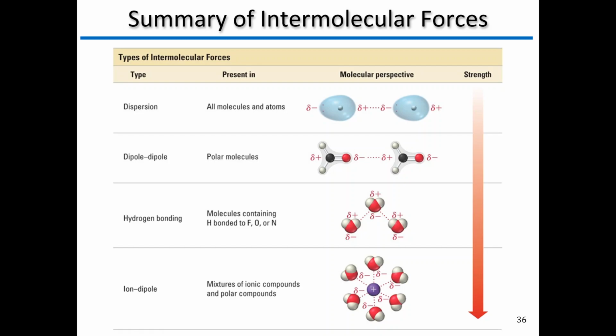We talked about hydrogen bonding, which is basically a special type of dipole-dipole, where we have to have an electronegative atom, like fluorine, oxygen, or nitrogen, with a hydrogen bonded to it, and then we have to have a lone pair on the fluorine, oxygen, or nitrogen. And then lastly, we talked about ion-dipole. This occurs when we have an ion, either positive or negative, and we have some polar molecule surrounding it.